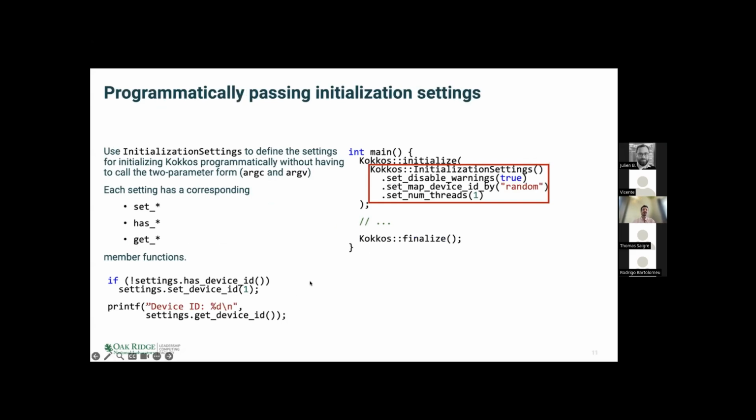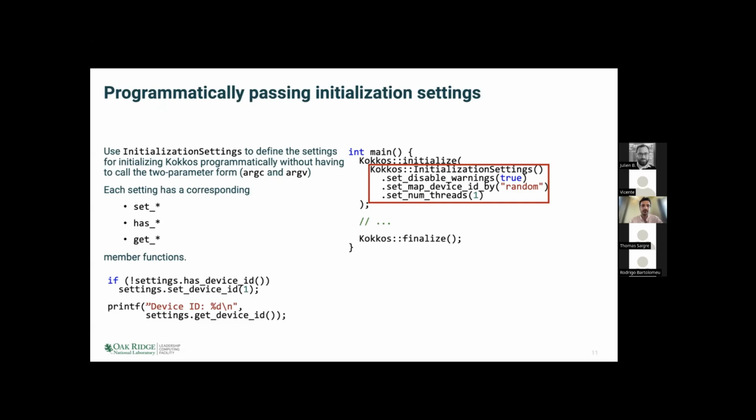So here, what happens if for some reason you need to mess with the initialization settings? The main is irrelevant here. I hope you have a good reason if you really want to do that. But if you do, you don't have to mess with a C array of pointers towards strings.